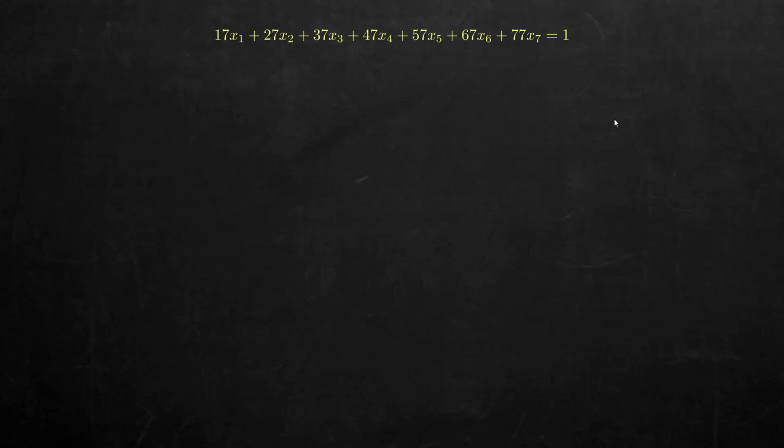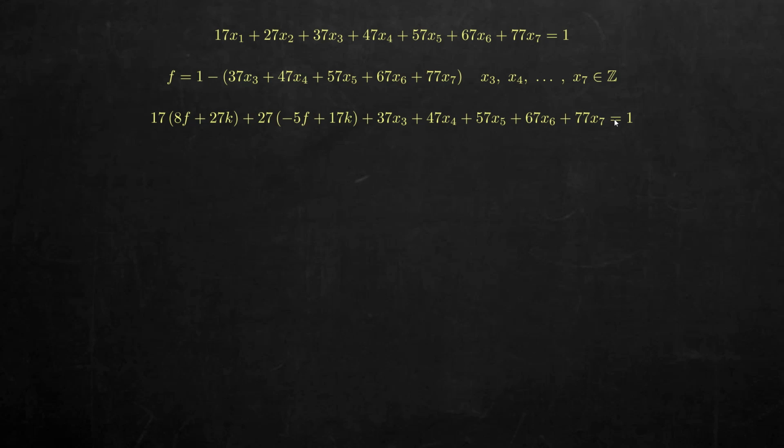Let's consider our example set and its related Diophantine equation. Let's define f as 1 minus 37x3 minus 47x4 up to 77 times x7, where x3 up to x7 are any integer. The general solution to the Diophantine equation is in the following form.